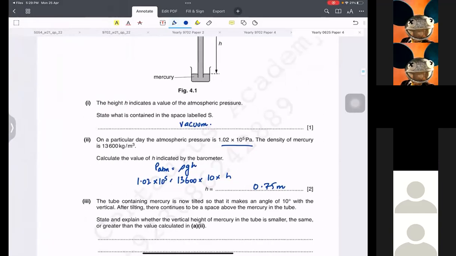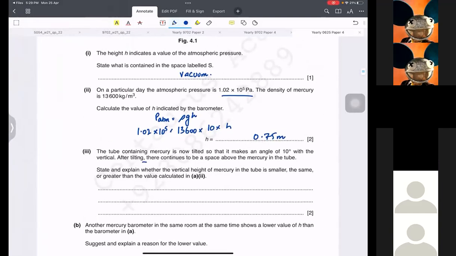And then it says the tube containing mercury is now tilted so that it makes an angle theta with vertical. After tilting, there continues to be space above the mercury in the tube. State whether the vertical height of the mercury is smaller, the same, or greater. It will be the same.